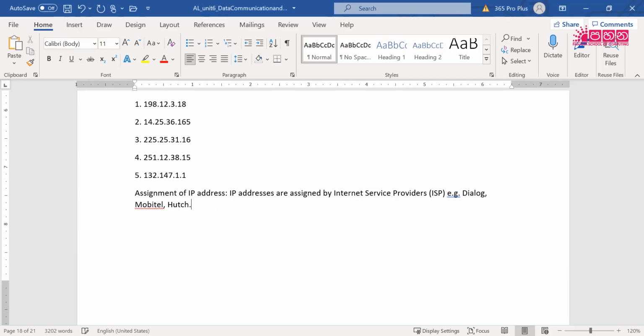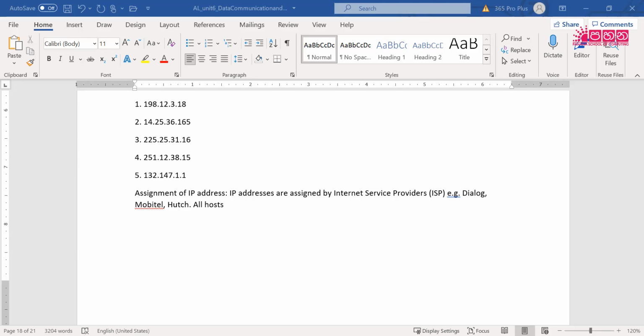Let's write down all hosts. Now we have hosts and network IDs.